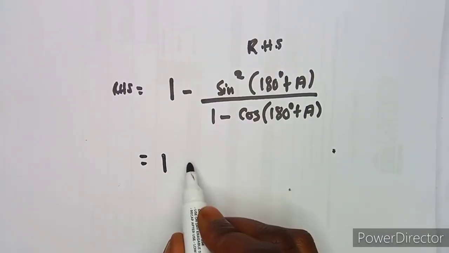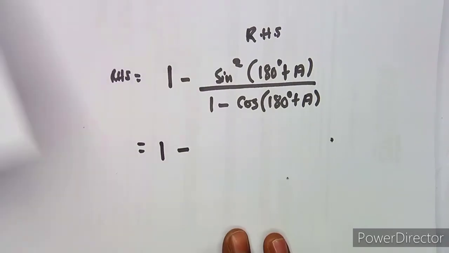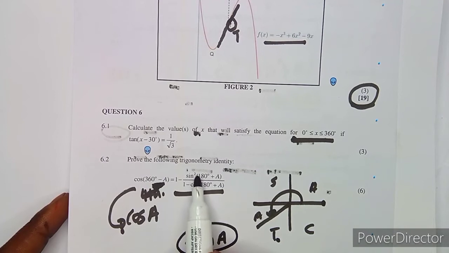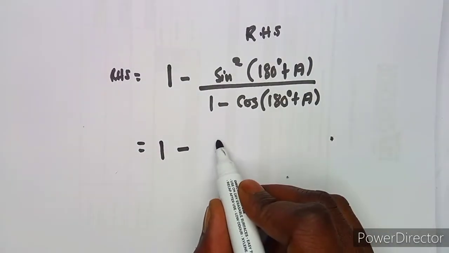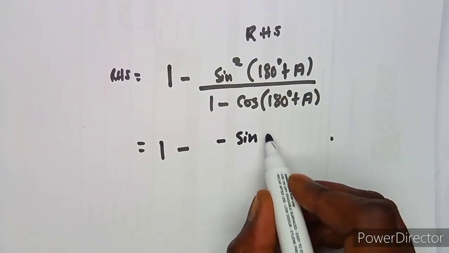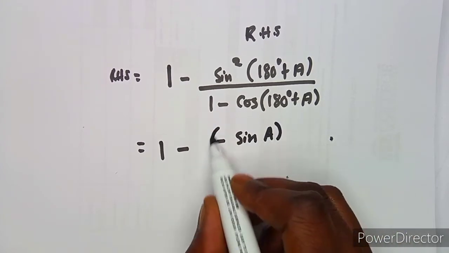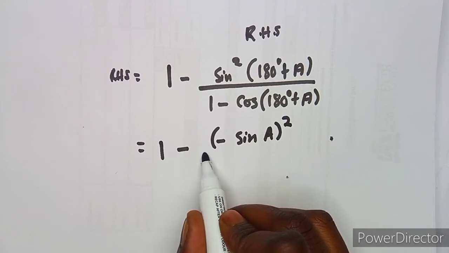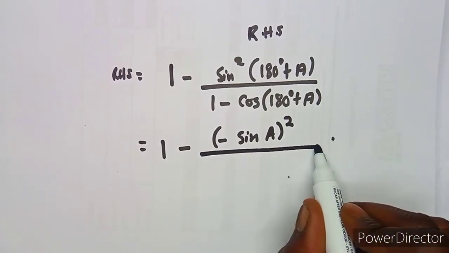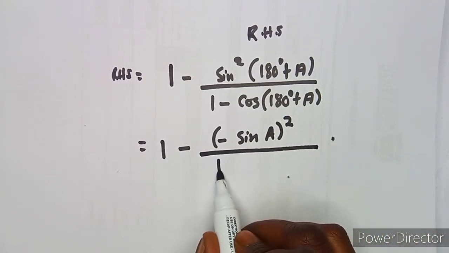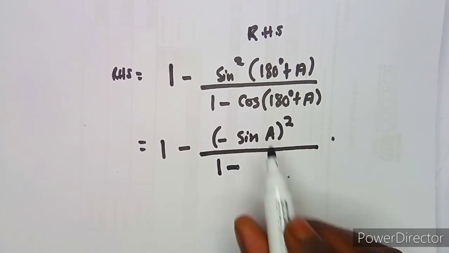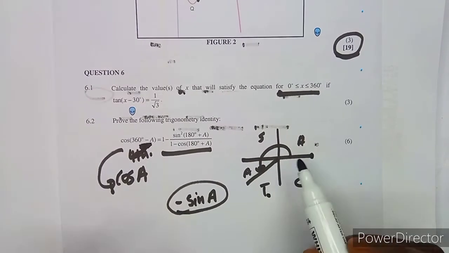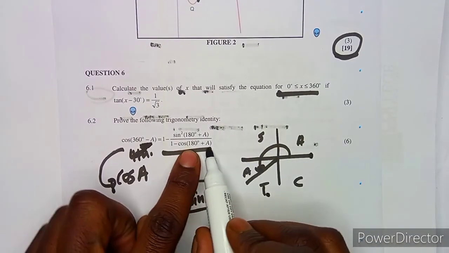All right, so this is what you're going to have. We are going to have 1 minus our sine, this one, which is a negative but being squared. So it's going to be minus sine a, like this. Then we have to square it. Everything over 1 minus, we have got cos 180 plus a, okay, and we said 180 plus a.